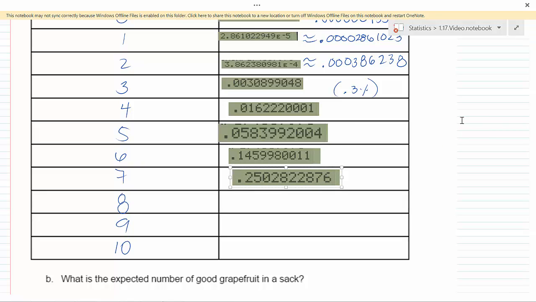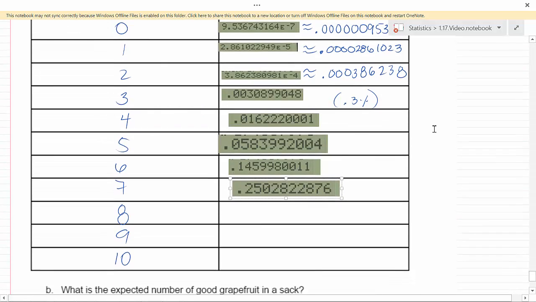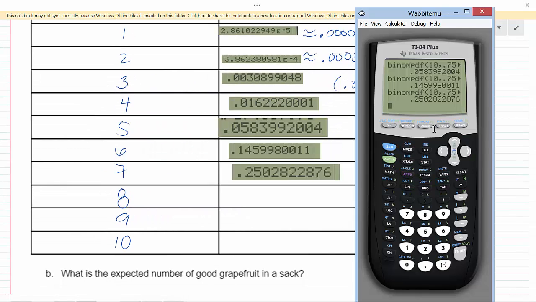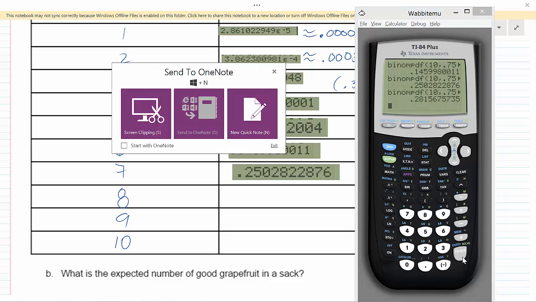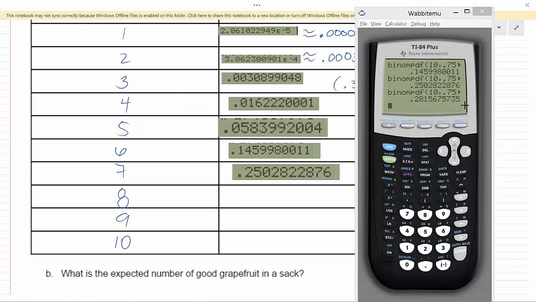And if you look at those lower numbers, like the probability that none of them will be good, that's really close to a 0% chance when we're rounding that out. Even that only one of them is good is very low, and that 2 of them are good is very low. So we should start to see, as we get to these higher numbers, that the probability of most of the grapefruits being good is going to be higher, and that's because our probability of success is so high at 75%.